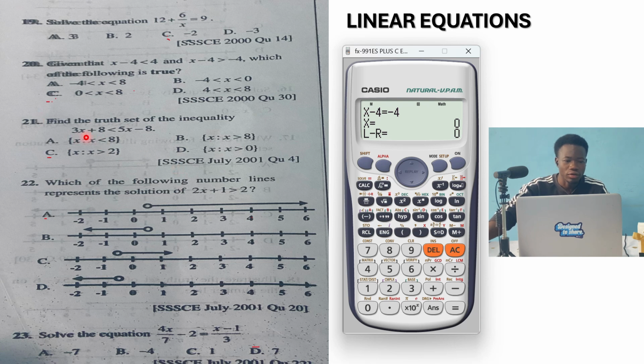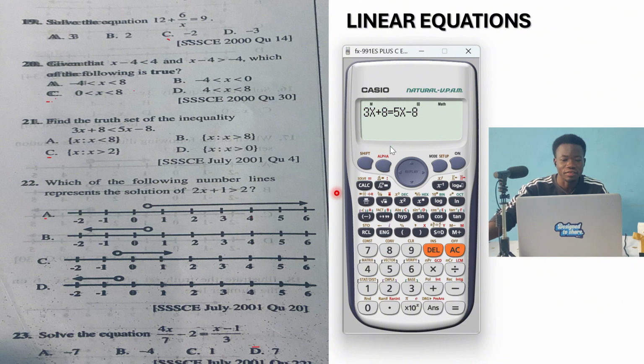Then 21. We should type this inequality inside the calculator. So we'll type the whole thing using the equal sign. We have 3x plus 8, equal, so alpha and calc, equal 5x alpha bracket minus 8.